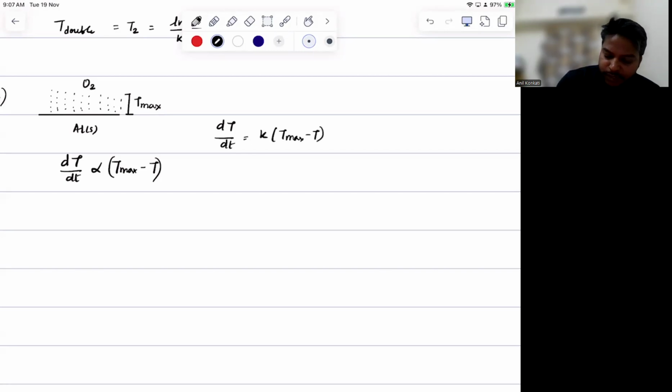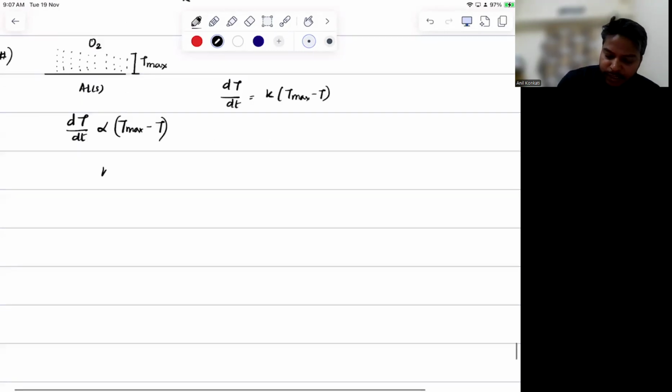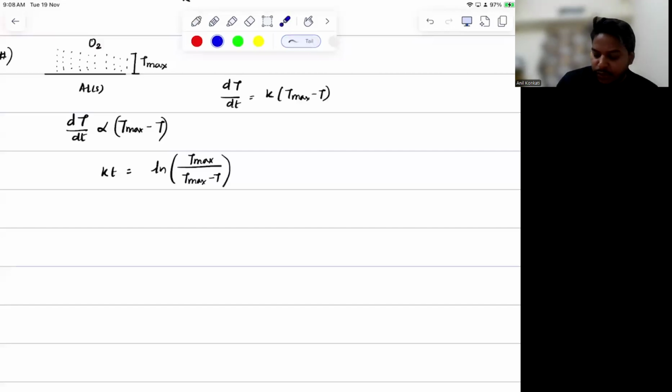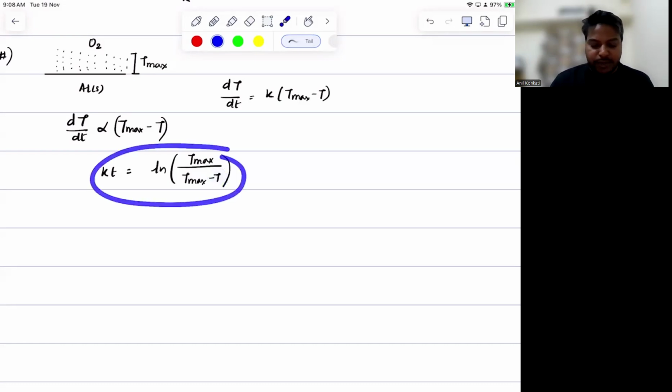So if you integrate this, you'll get kt is equal to ln tau max by tau max minus tau. This tau is at time t. Okay, this is how much of the layer has been accumulated after time t. So this is another application.